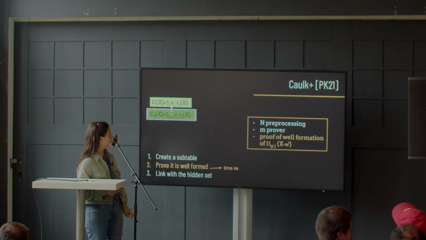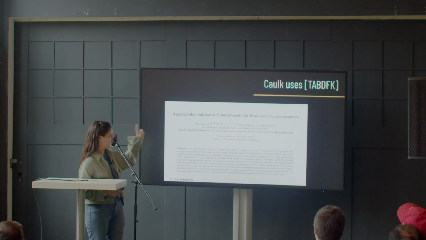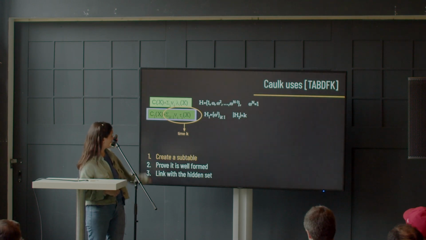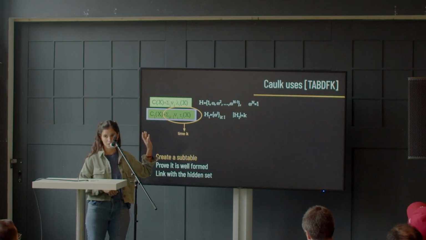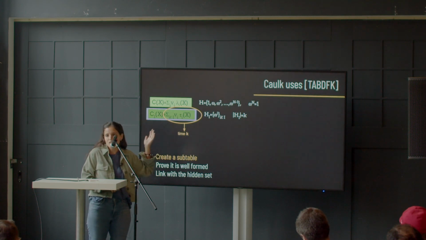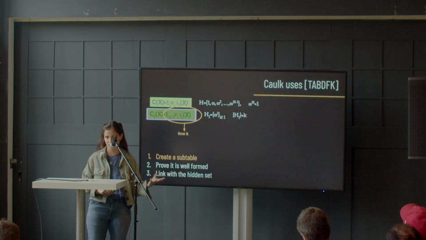But the thing is that in this work, when you prove well-formation of the subtable, you have to relate it with the big one, and that should take size n. So this is an equation where you have to compute polynomials of size n.